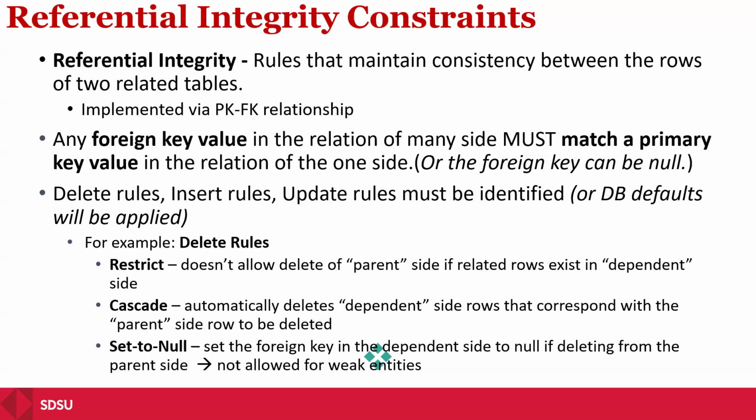Cascade states that if we delete a row in a table that has a primary key, we automatically delete all the rows that have the matching foreign keys. And with set to null, if we delete rows from the primary key table, we set all the values in the foreign key table to null. And remember, the referential integrity constraint allows us to have null foreign key values. All right, so that's referential integrity constraints.